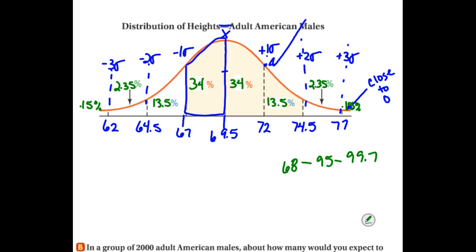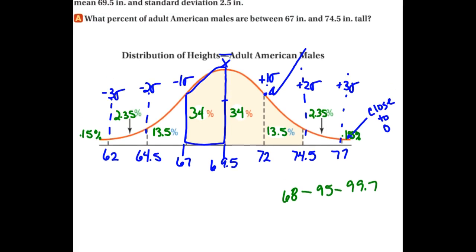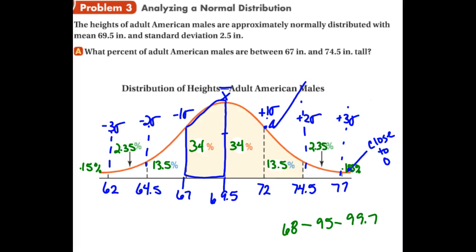All right, so the question that we're being asked: what percent of adult American males are between 67 inches and 74.5 inches tall? Based on the numbers I have at the bottom here, we want to go from 67 to 74.5. So we're talking from here to here, correct?